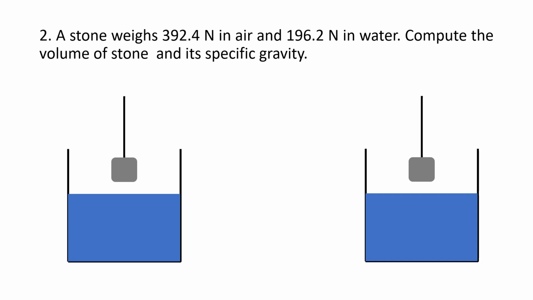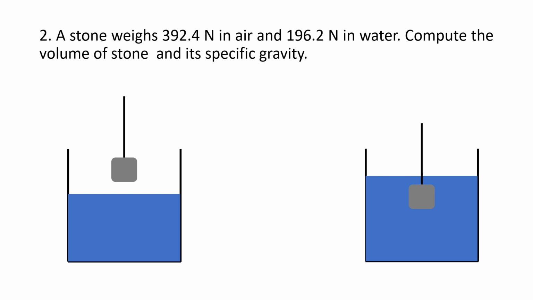This is our second question, and it states that we have a stone that weighs 392.4 Newton in air. The first diagram shows the stone in air, and it weighs 392.4 Newton. In the second diagram, we lower the stone into the water, and the weight becomes 196.2 Newton.